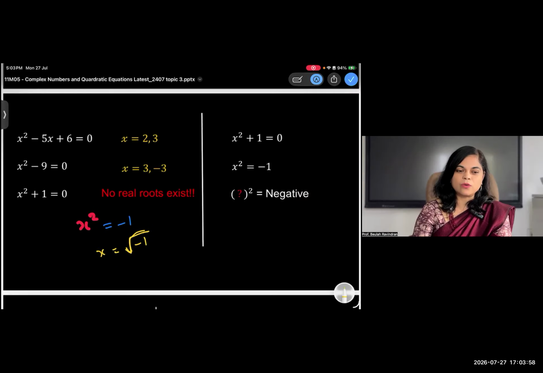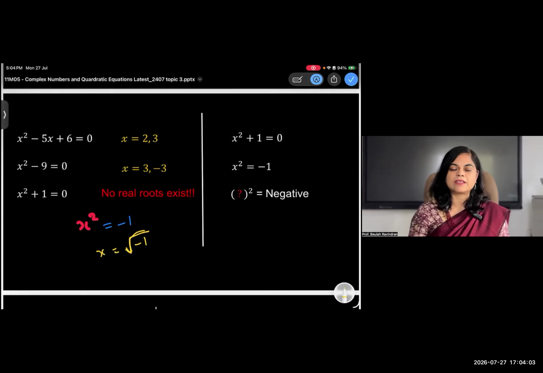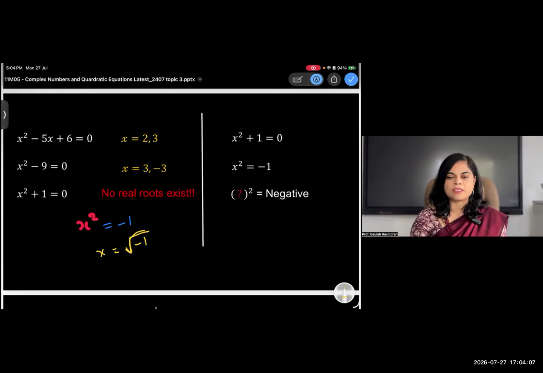So it has no real roots. So we can say x has no real roots, and the value of x will be some imaginary.